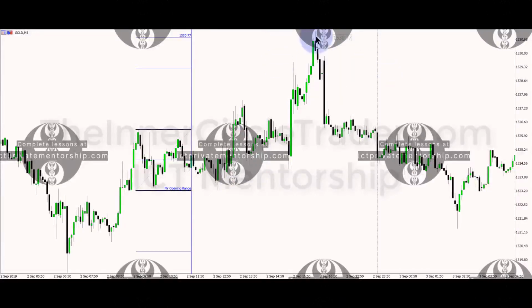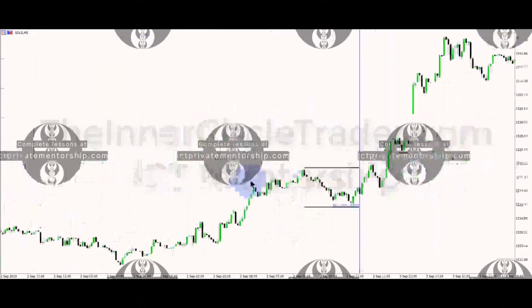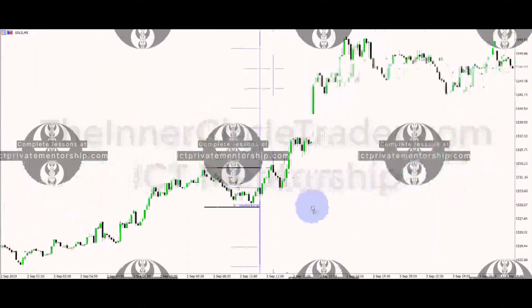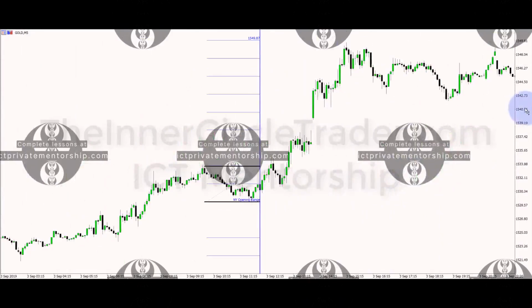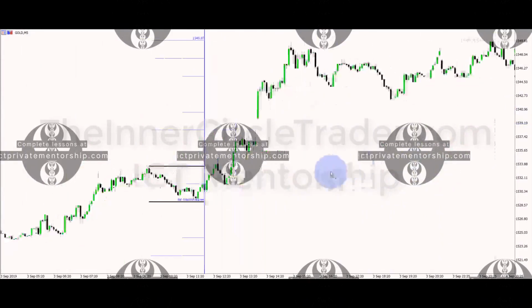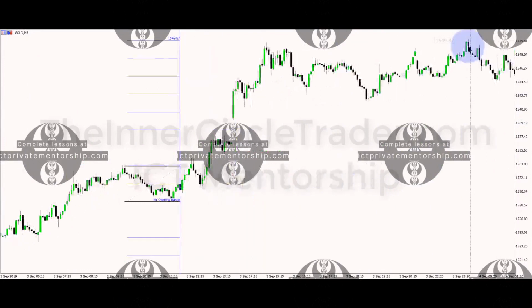Again, we like to use the round number, not so much the decimals. On the 3rd of September, we have the opening range concept again. Projected high was 1549.87, and the actual high before we changed into a new day was 1550. So again, really, really close.